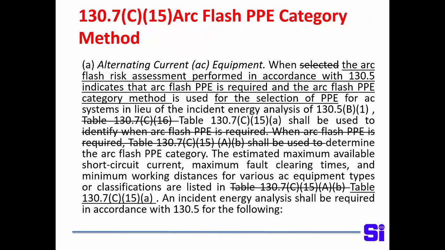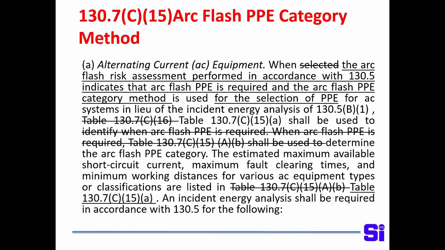You're using the table method in lieu of arc flash hazard warning labels because there are no arc flash hazard warning labels. That's why you use the table method. You're not supposed to use the table method if you have arc flash hazard warning labels. If you have the labels, you're supposed to go by the label. Don't go by the table method.